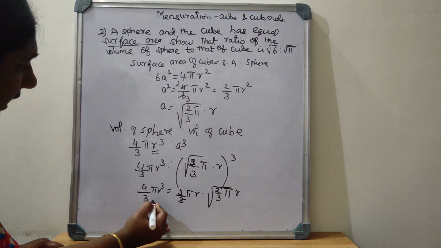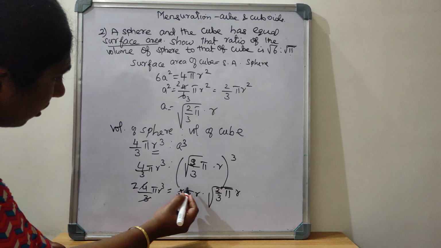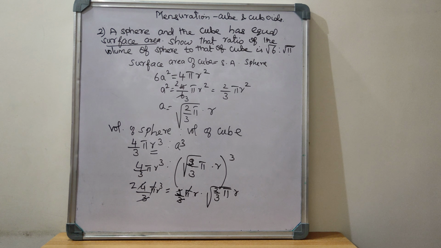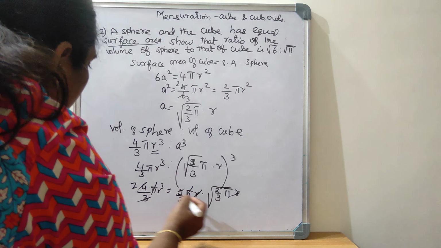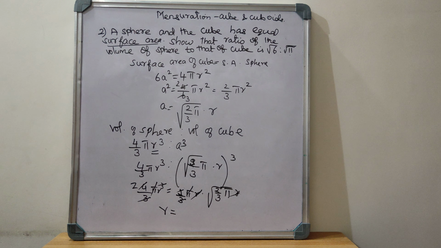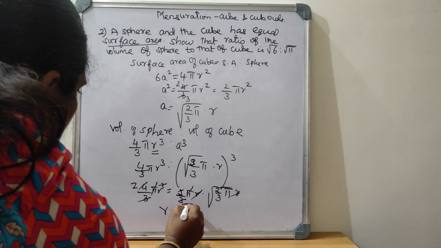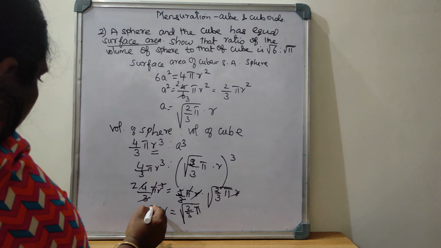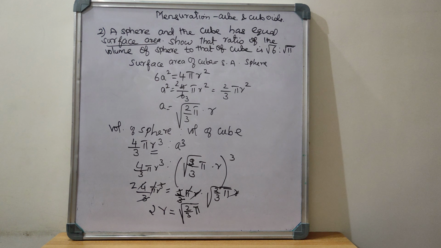So you can cancel 3 and 3, this 2, and you can cancel pi and pi, and one r with the other r. So you will get r equal to root 3 by pi, and you have 2 here.